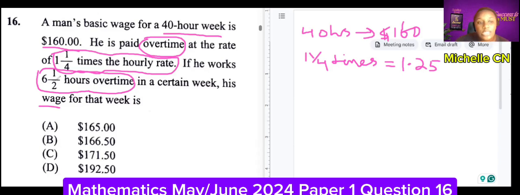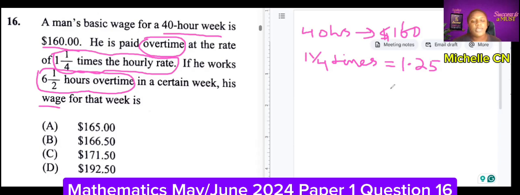So if he works 6.5 hours overtime in a particular week, his wage for that week will be... Okay, instead of using the mixed number, I will use 1.25.